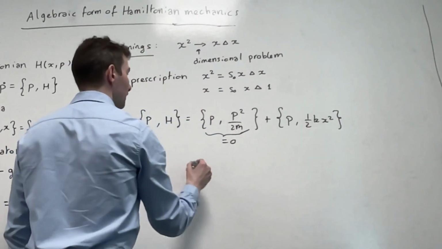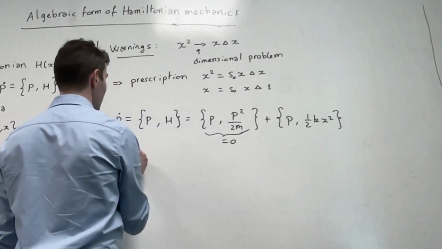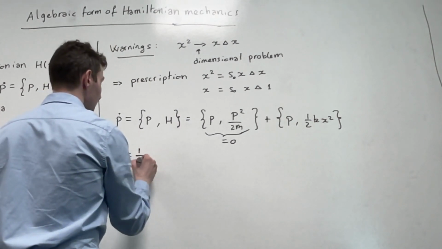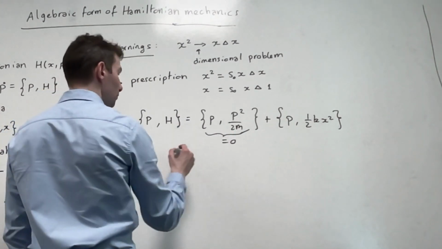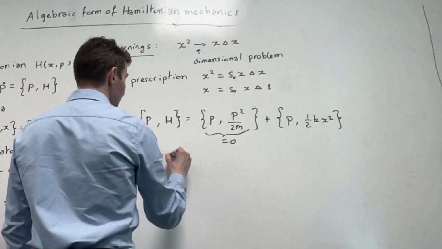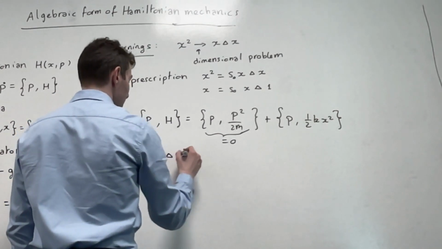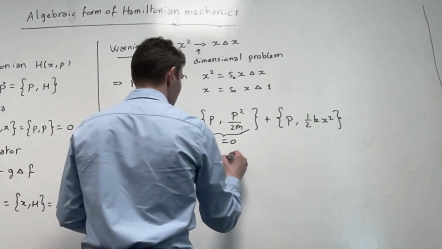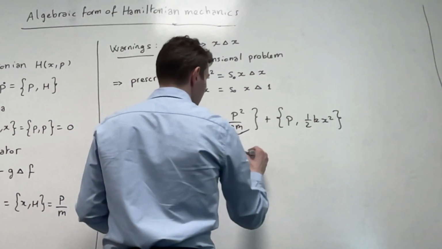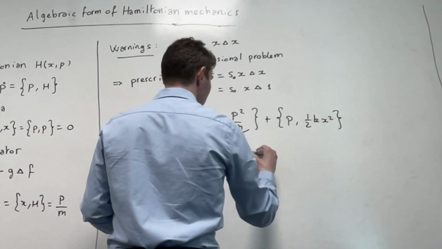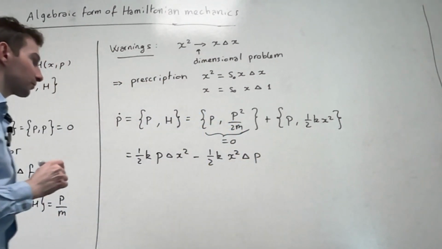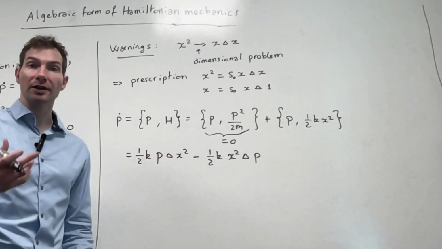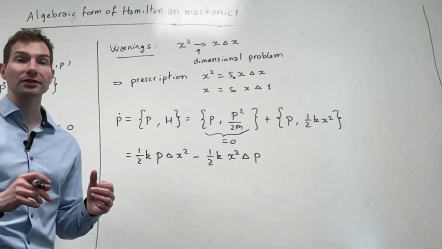And so what I therefore need to do is continue here with this one. That's going to be half k, and then we are going to have p triangle x squared, and then minus half k, and then x squared triangle p. So again, that's an operator, triangle, a binary operator.